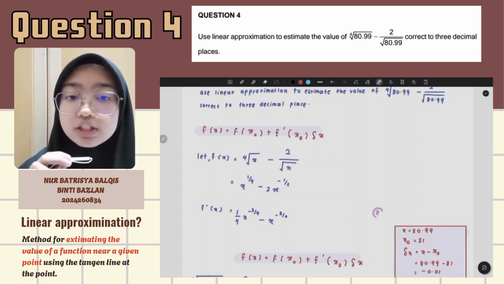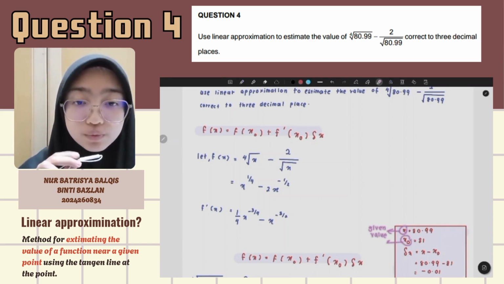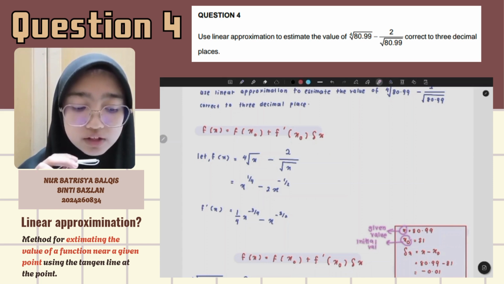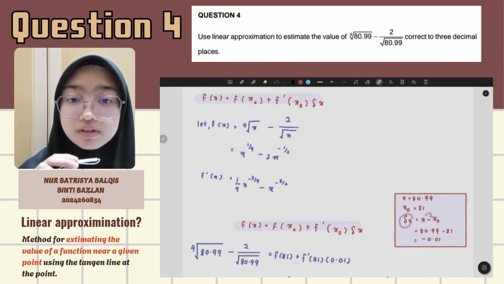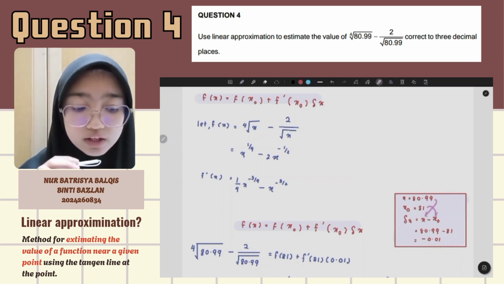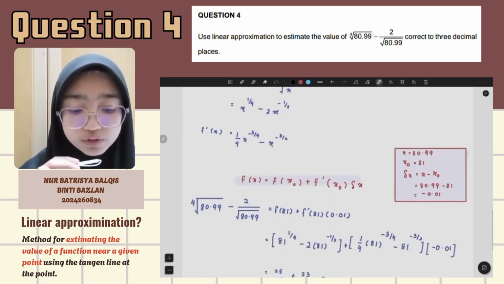The third step is to find the difference between the given value and the initial value, which is given value minus initial value. The initial value must be close to the given value and be a whole number. So I choose 81. So 80.99 minus 81 will be negative 0.01 for the differential.